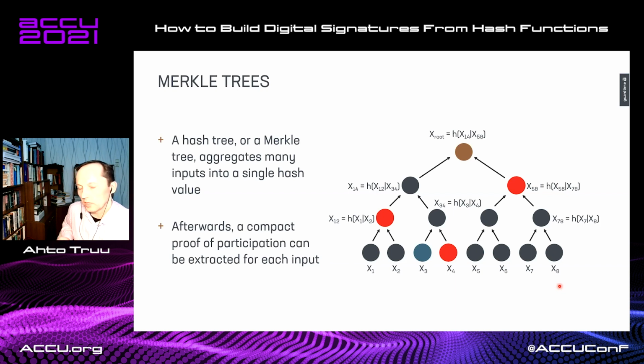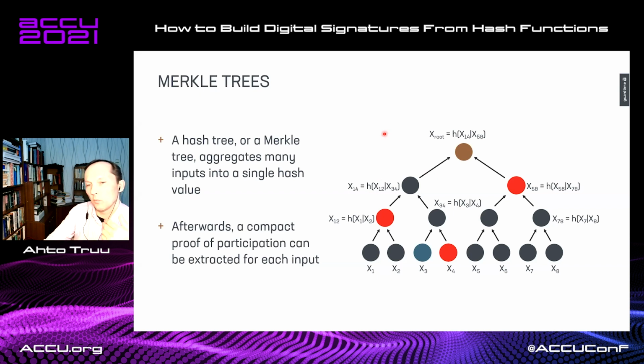So if you want to authenticate other data, which are not hash values, you first hash each data item separately, and then you line the hash values of the inputs up in the leaves of this binary tree, and then you populate the upper levels of the tree by populating each non-leaf node with a hash value of the concatenation of its child nodes. So on this level, you get half the number of nodes, and after a logarithmic number of layers, you get to the root of the tree.